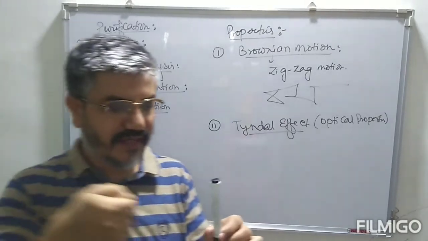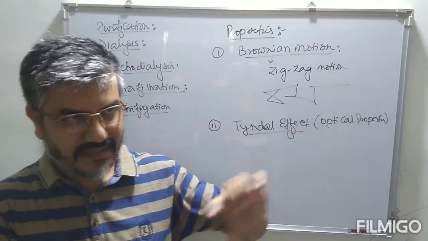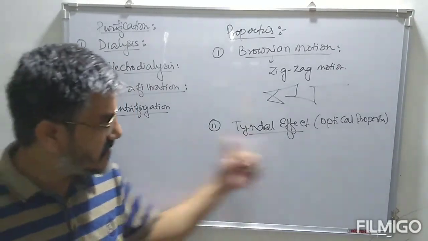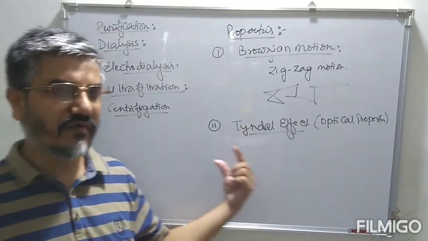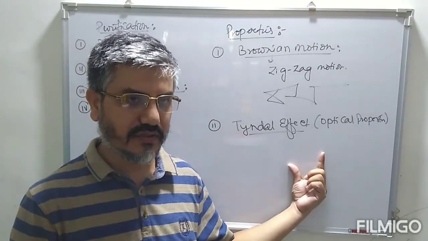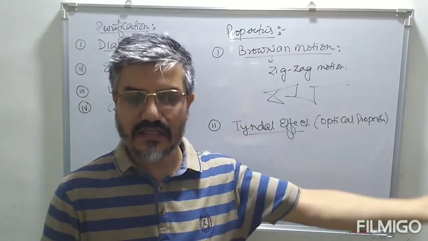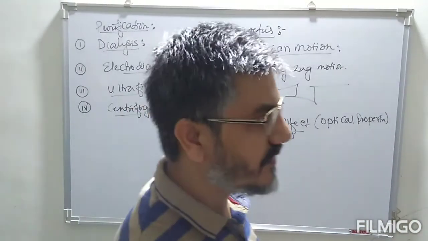When a beam of light is passed through a colloidal solution, the path traveled by this light is clearly visible, and this is what we call the Tyndall effect. That means when a beam of light is passed through a colloidal solution, the path traveled by light is clearly visible, and this effect is what we call the Tyndall effect.